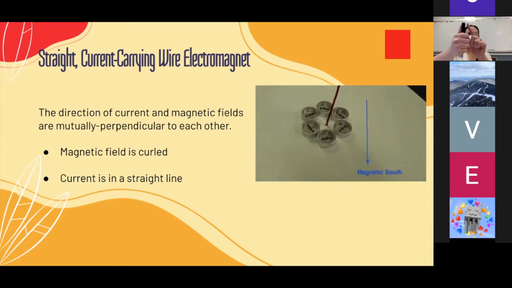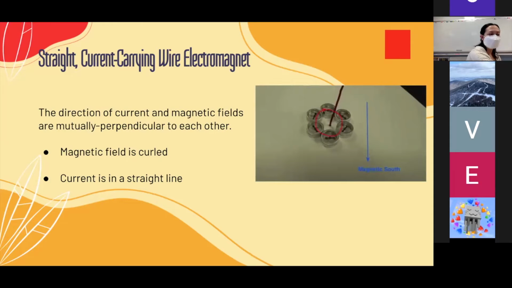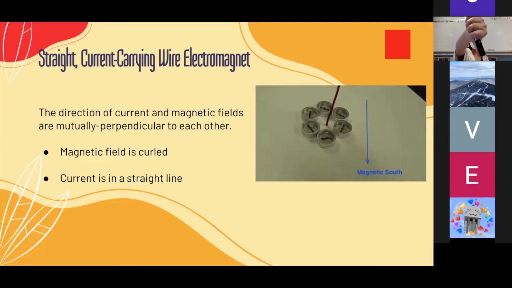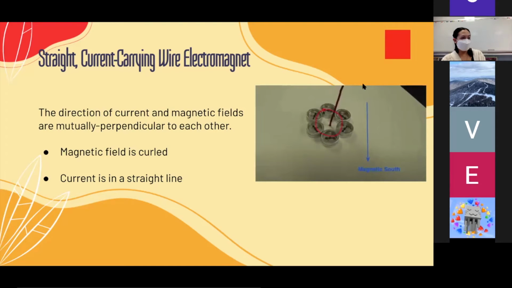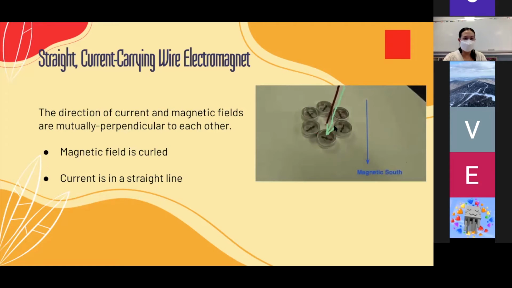So I'm going to line up this marker with the direction of the current. And in order to make my fingers turn clockwise, my thumb has to point down. That must mean that this current is traveling this way, down into the piece of paper.